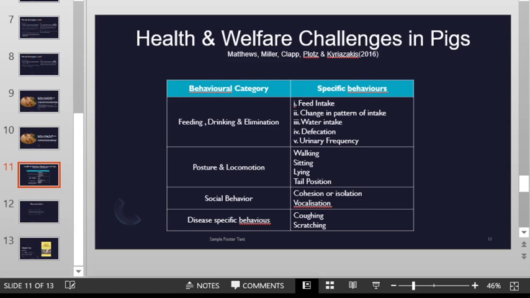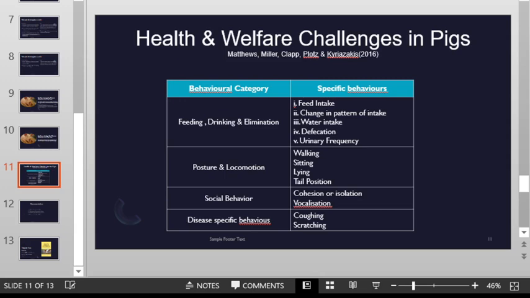There's a change in pattern of intake of both water and feed. And then urinary frequency. It is either too much or the animal doesn't urinate regularly. The animal defecates watery stool or doesn't defecate at all.